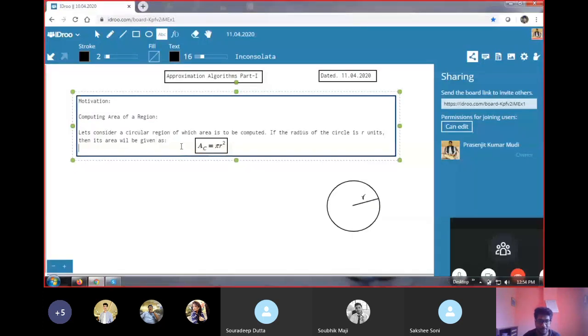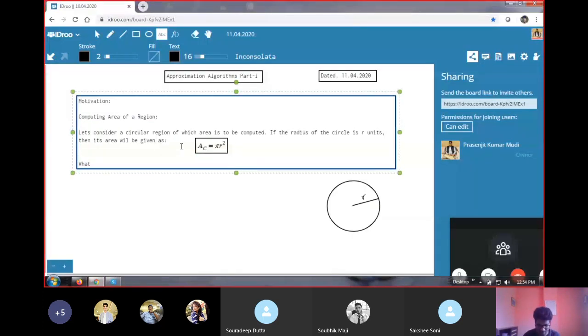But what if its radius is unknown? The first question is, can you compute the area of the circle if I do not know the radius r?